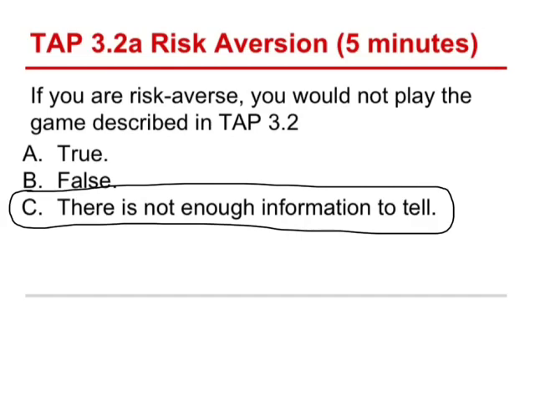Some people might be so risk averse that 12.5 cent return on 75 cents isn't enough. I don't know anybody that risk averse, but the point is, without knowing something more about the nature of someone's utility function, which would tell us how much someone would need to be compensated to take on any given risk, we just can't tell.